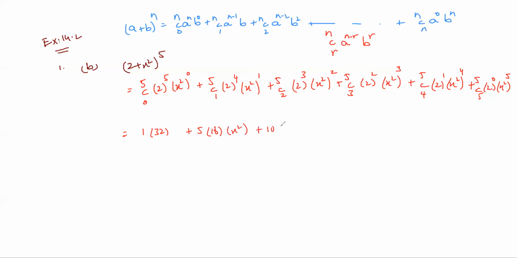This is 10 into 8 into x raised to power 4. You can use a calculator for this if you don't want to learn that Pascal's triangle, okay? This is x raised to power 6. This is 5 into 2 into x raised to power 8. And then there is 1 into this, and this is going to be x raised to power 10.